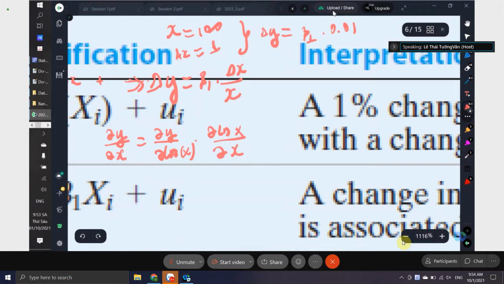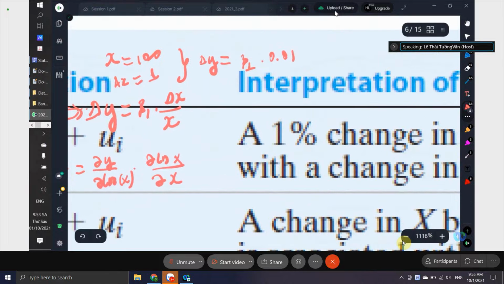Fair enough? So this is the ratio of the change, and the unit is the ratio. Most of the time it's difficult to make the interpretation in this way, so we change the unit of measurement. You change 0.01 into 1%.